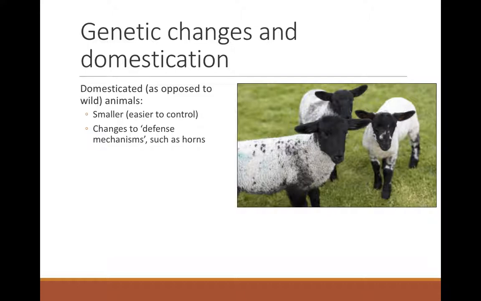With respect to controlling them, we've also selected away traits that make them dangerous to us. Their natural defense mechanisms are one of these. Typically, male mammals with polygynous breeding systems often have some kind of armament meant for male-male competition.